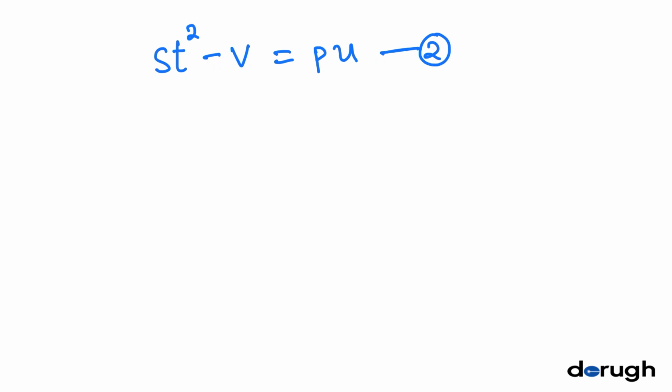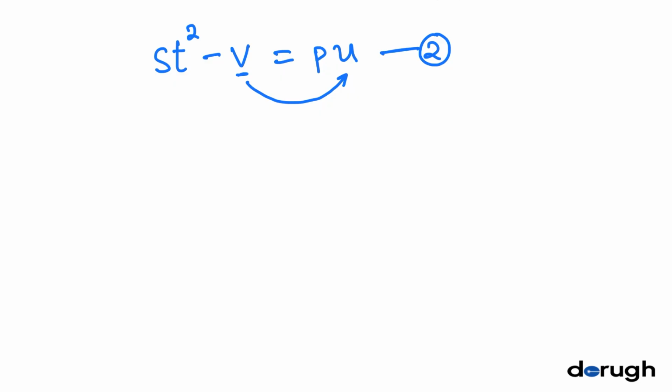Now, the first thing we can remove is something that's more loosely attached, and that would be the V. The V is loosely attached to the other one because, as you can see, S and T are quite close together, but then V is separated by a whole subtraction sign. So we have to move V to the other side of the equal to sign.